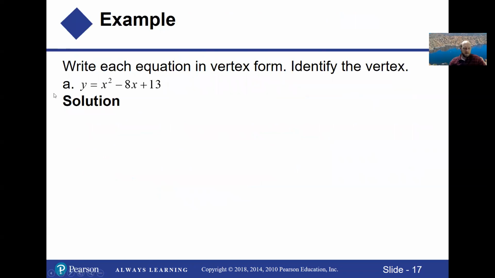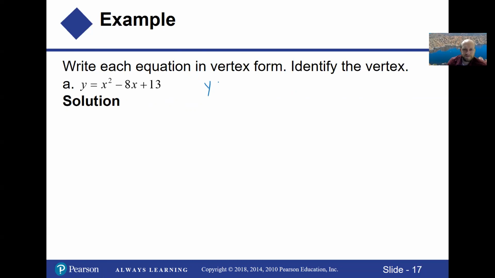So let's do an example. We're going to write this equation in vertex form and identify the vertex. Right now it is in standard form, so let's work to write it in vertex form. A couple of things we need to know.